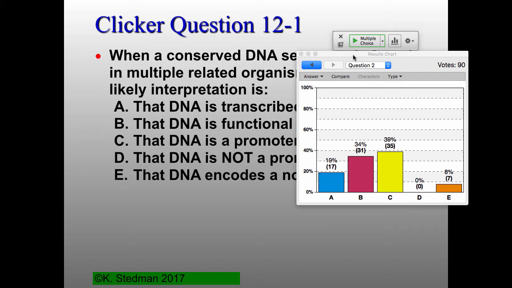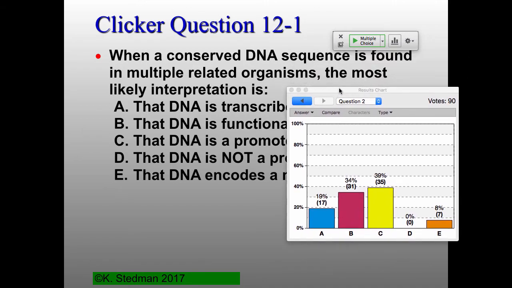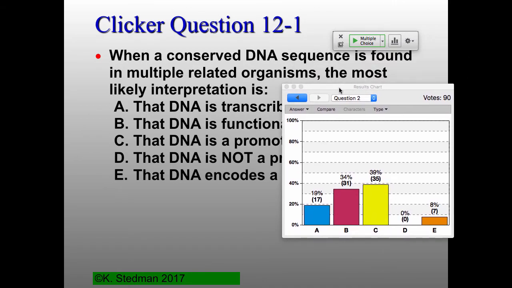Functional actually covers transcription and a possible non-coding RNA. So the most likely interpretation, and people always hate me when I write these kinds of questions, is that the DNA is functional. So it's a functional piece of DNA.